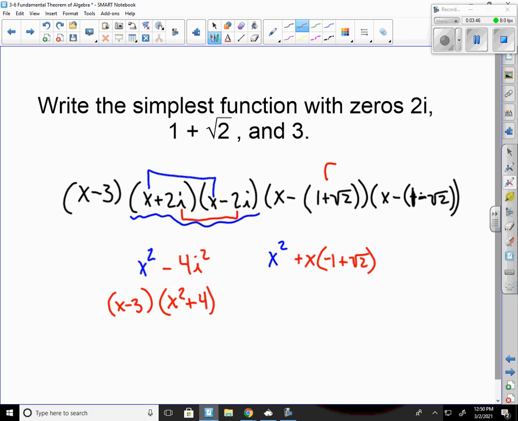Let's do the inner now. And that's taking this piece here and multiplying it by x. So again, I need to distribute this negative. So that's going to be a negative 1 minus square root of 2 times x. So I'm just going to leave it as plus x times negative 1 minus square root of 2.